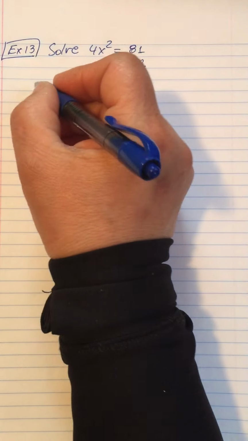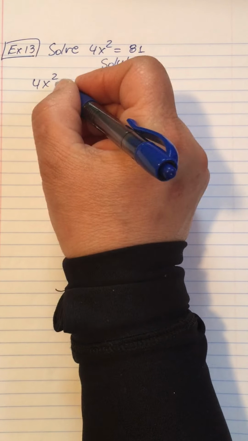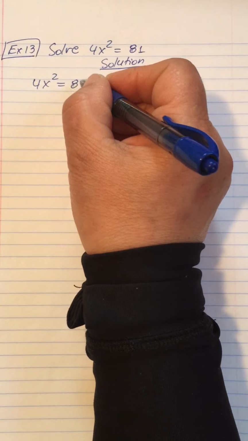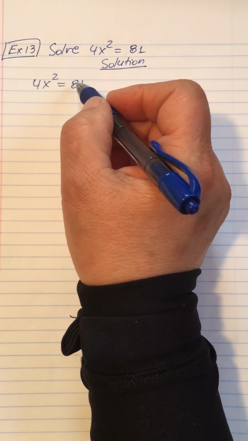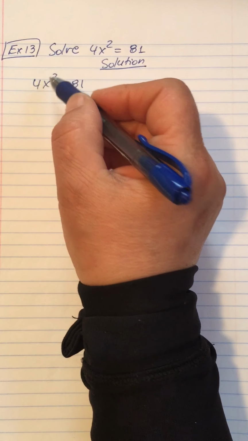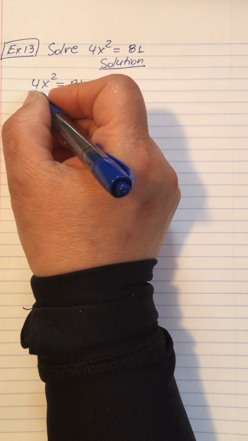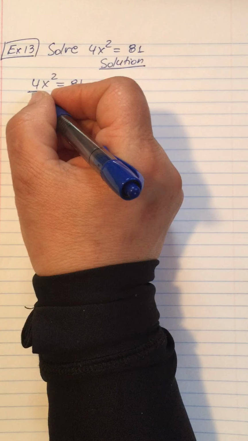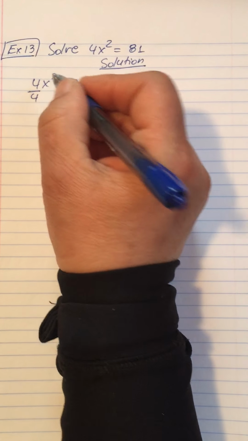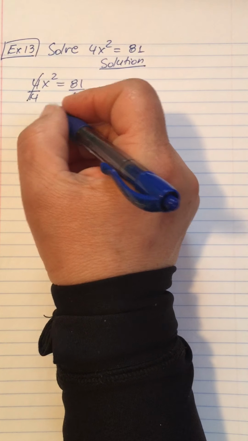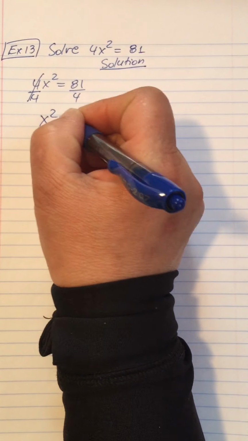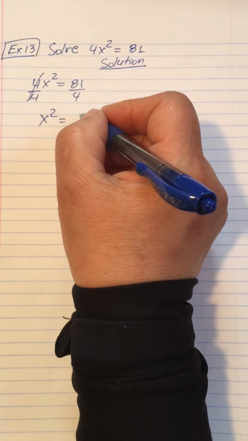I am happy again, so I don't see an x term, and x squared is on one side and the constant is on the other side. But now I have a coefficient of x squared, but I don't worry so much because the first step is to divide by 4 and to leave x alone. So 4 divided by 4 is 1, so I have x squared is equal to 81 over 4.